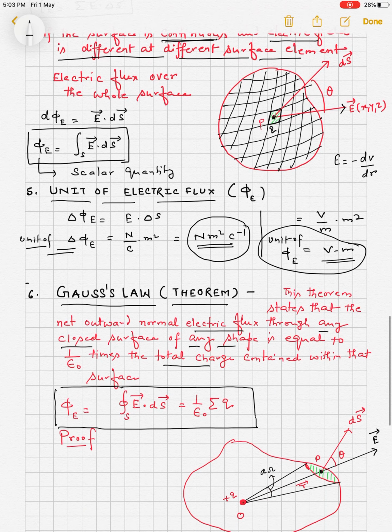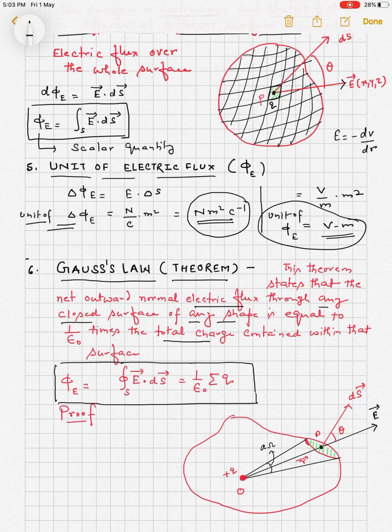Now here is a proof. We have an arbitrary shape, and a charge is enclosed by this arbitrary shape. O is a point where charge Q is there. We have an arbitrary closed shape which is enclosing this charge.